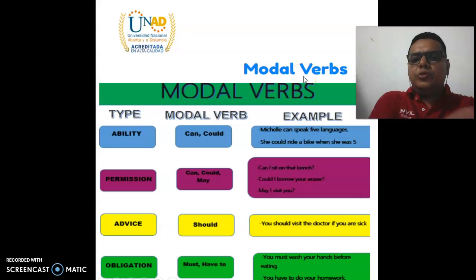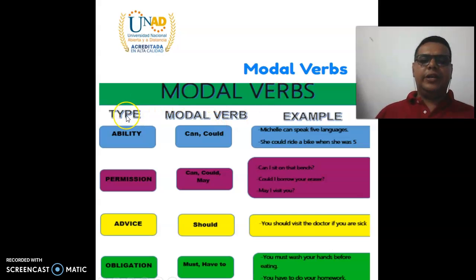How can we use modal verbs? What kind of modal verbs are there? Look, we can use some modal verbs like can, could, for ability. For example, I have some examples to show them, like permission: can, could, or may; advice: should; and for obligation: must or have to.